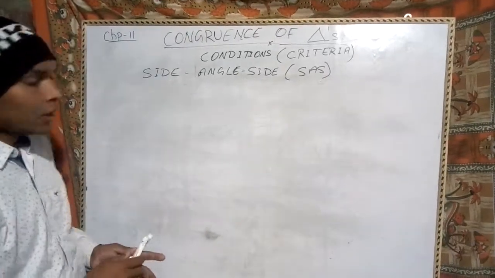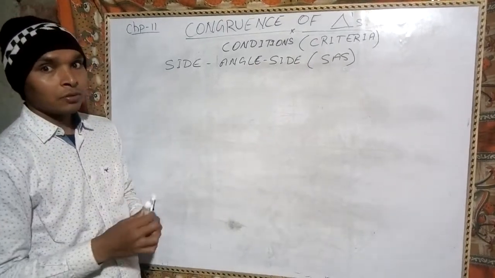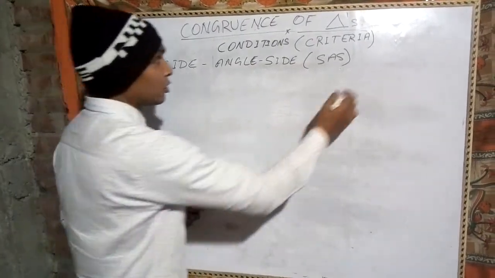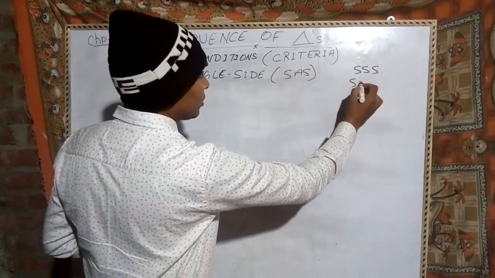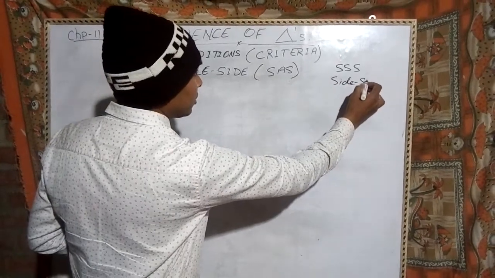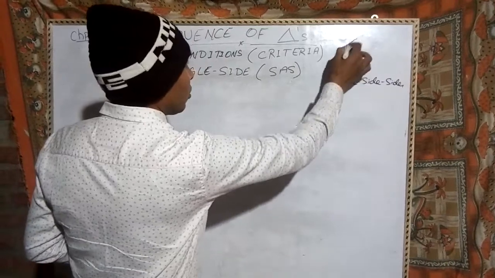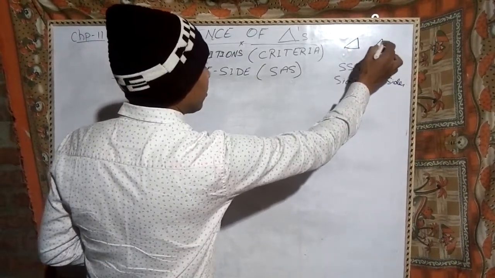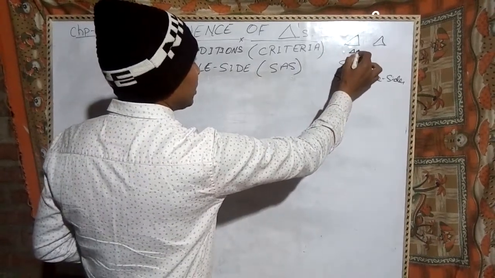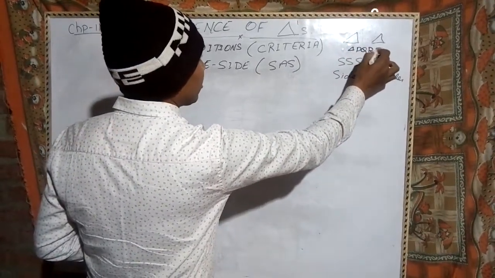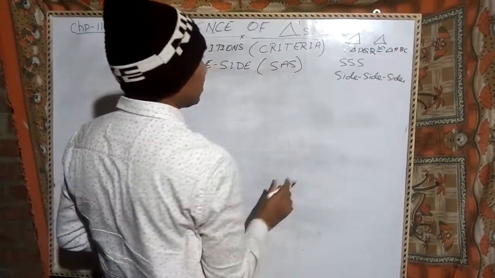Here now another criteria, side, angle, side. I have told you, just write SSS, that is side, side, side, means all the three sides of this triangle are equal to all the three sides of this triangle, means triangle PQR is equal to and similar to triangle ABC.